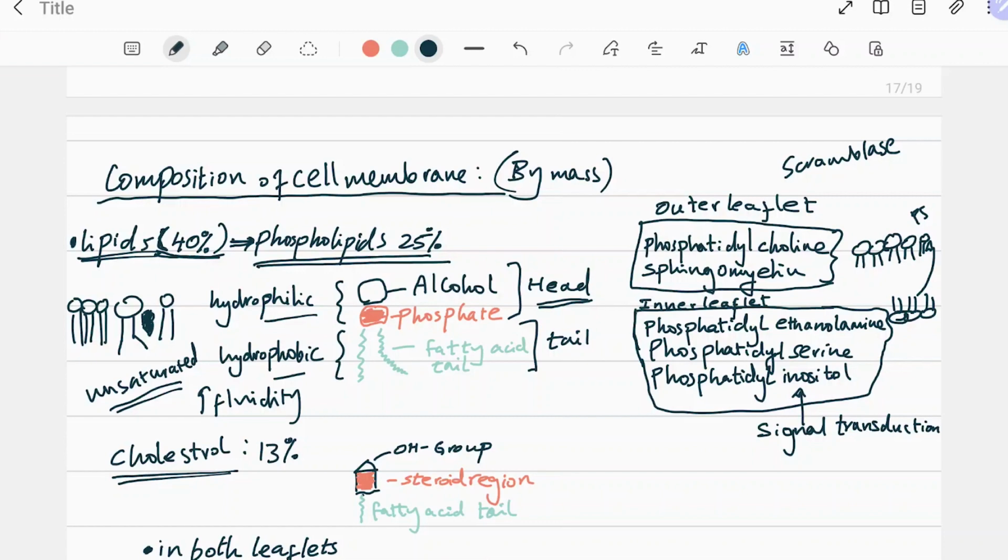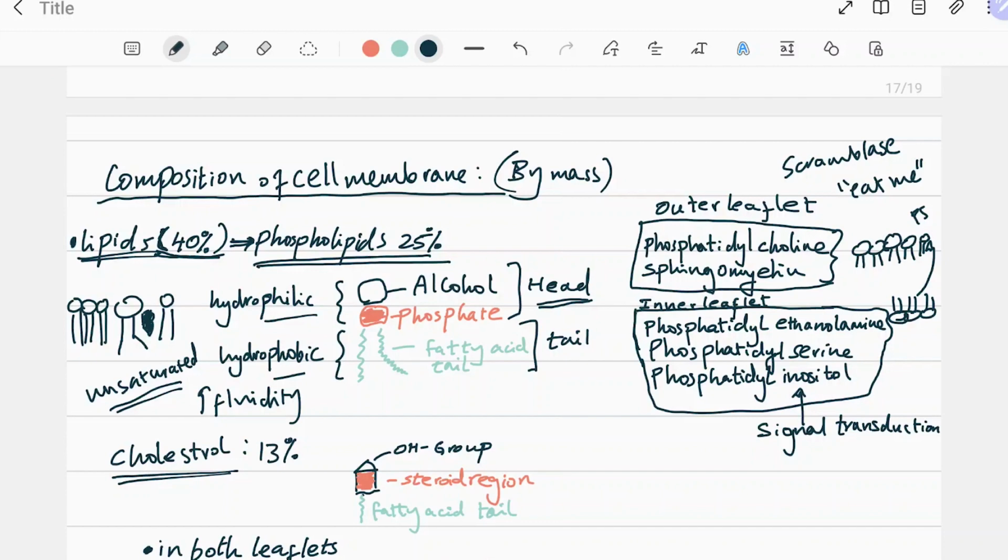So this is going to give a signal to the immune system to eat me. It's called an eat me signal. Here is one example where it's not two-dimensional motion, it's three-dimensional motion, where one membrane is flipping to the other leaflet.